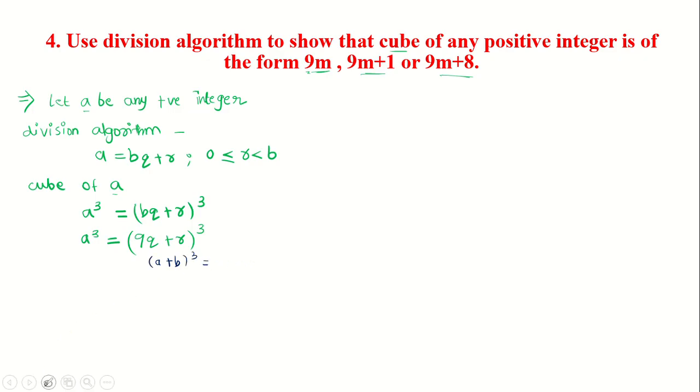So expand it, you'll get a cube equals (9q) whole cube plus 3 into (9q) whole square into r plus 3 into 9q into r square plus r cube.